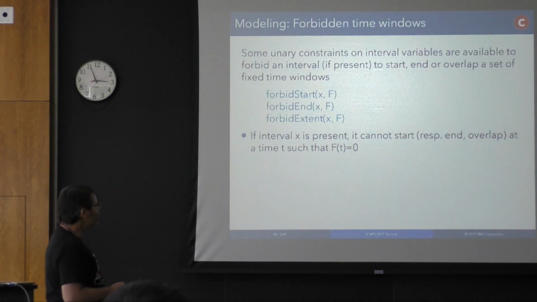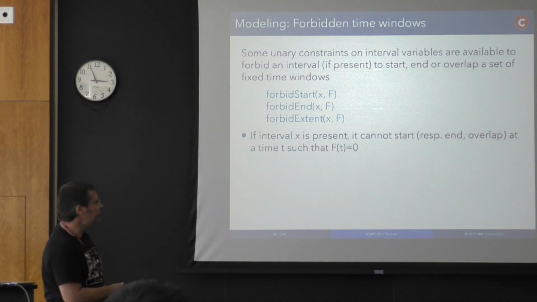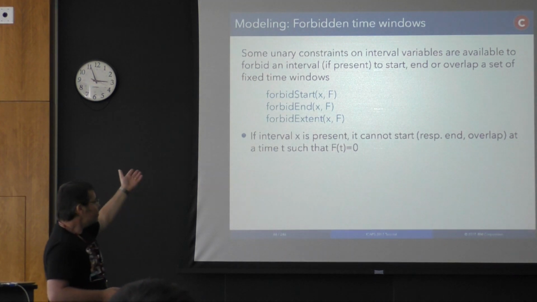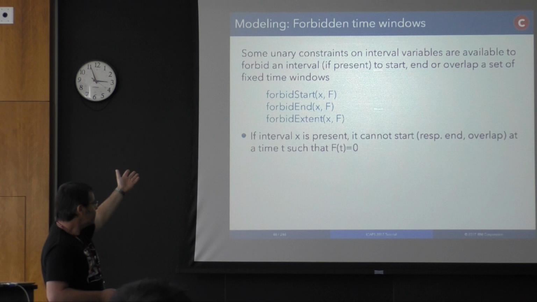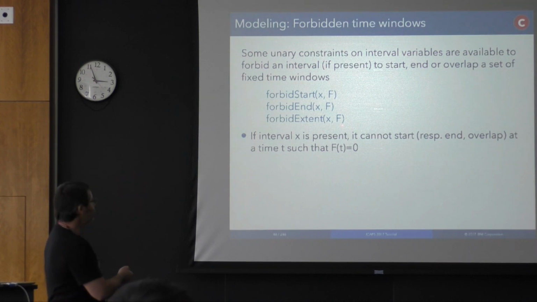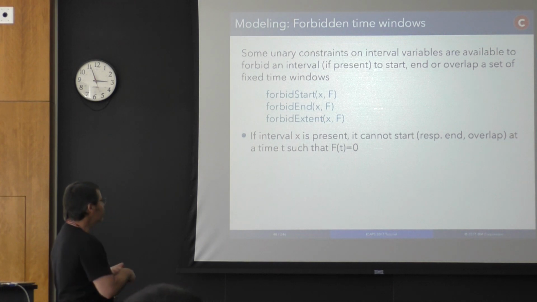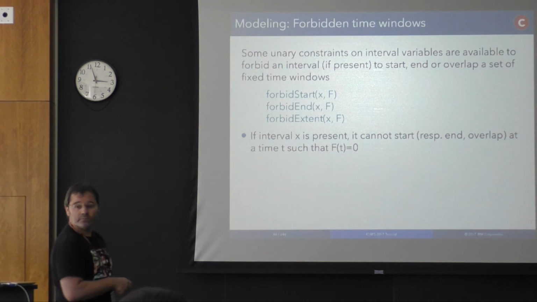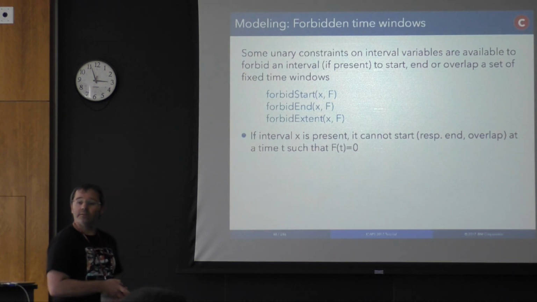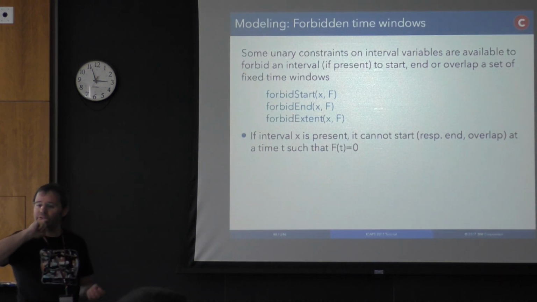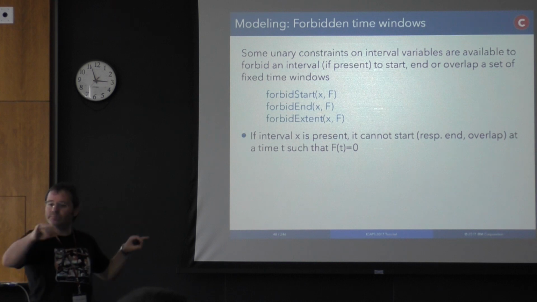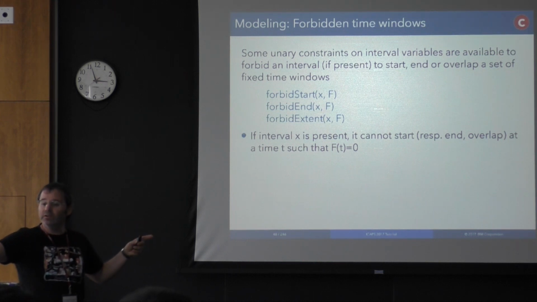You also have, and this is maybe the first type of constraint we see, forbid start and forbid end. This is a constraint that says, for instance with forbid start x f, that if interval x is present, then it cannot start at a time t such that the function is 0. You had a question about how we could represent some disjunction of domains.